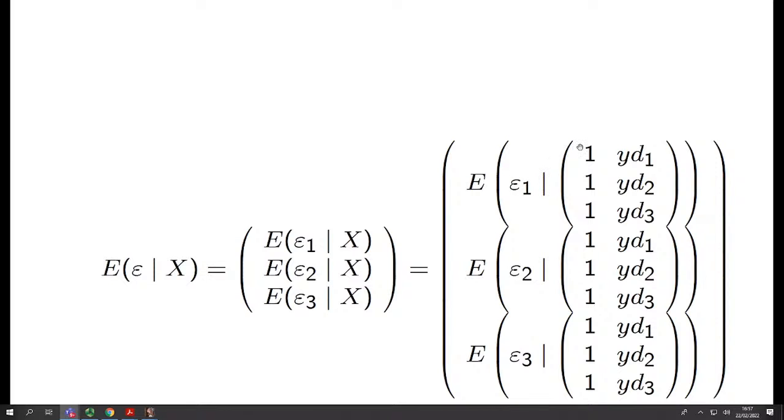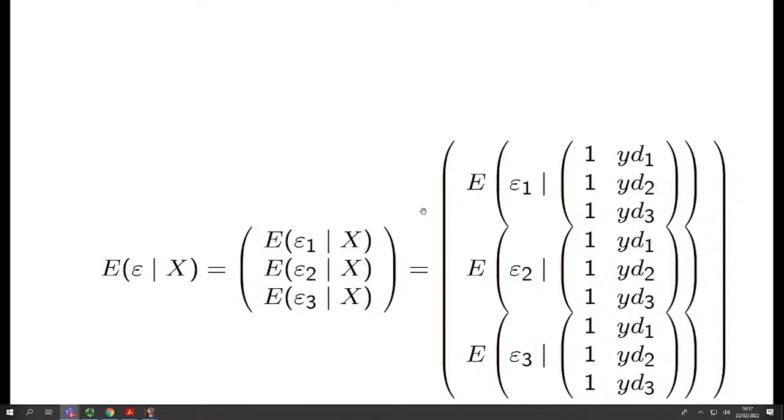I'm conditioning on 1, 1, 1, but that doesn't matter: if you condition on something deterministic, you are not really conditioning. What matters is disposable income. So I'm conditioning on the disposable income of household 1, but also of households 2 and 3.